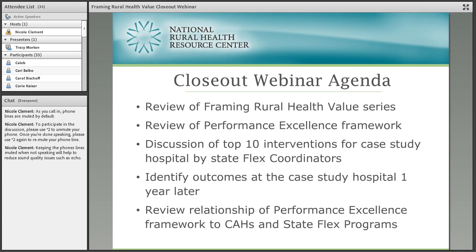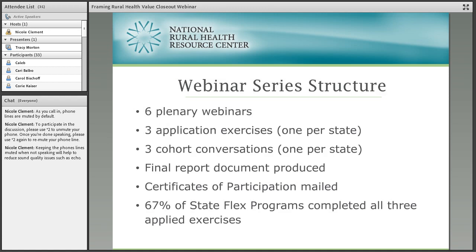We'll work to identify outcomes then at the case study hospital 1 year later that were recorded into a final report that is just published today. And we'll review the relationship of performance excellence frameworks with critical access hospitals and the state FLEX program. So many things to do today, and 5 additional speakers on the line today aside from myself.